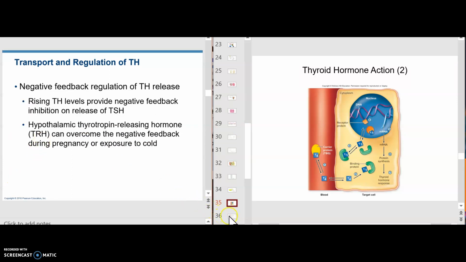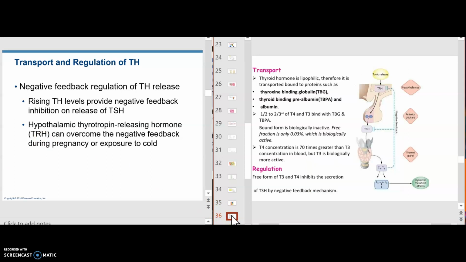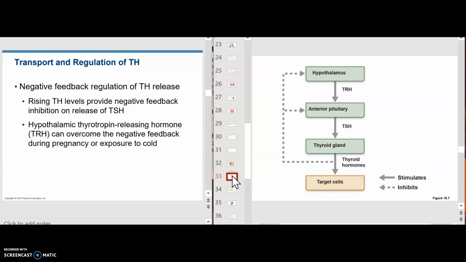Negative feedback. Negative feedback works on this, the regulation. All right, so here, let's look at the scheme. The hypothalamus releases something called thyrotropin-releasing hormone, acting on the thyrotropes in the anterior pituitary.